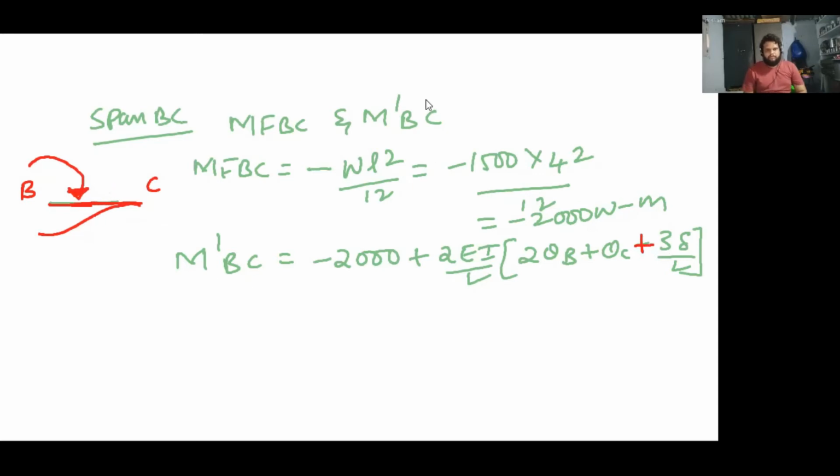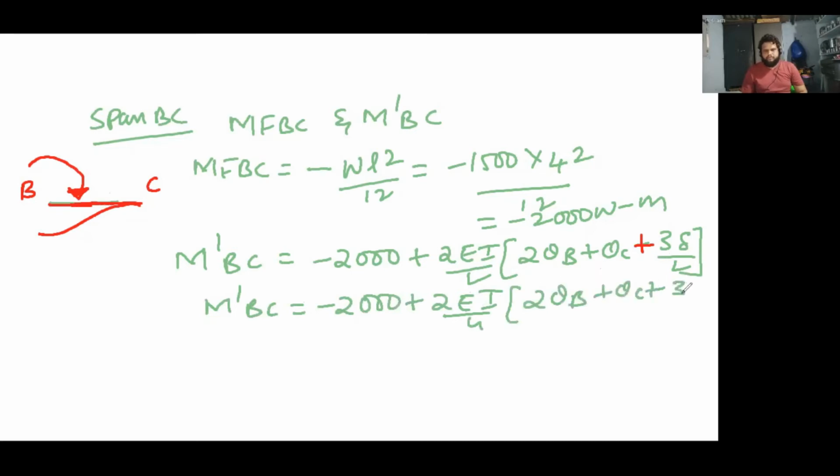Right? Now again, we'll go back. M dash BC equal to minus 2000 plus 2 EI by 4 into 2 theta B plus theta C plus 3 by 400. Here I is I only. Okay, 1 by 100, length is 4. This will become 3 by 400. For consistency I will be writing the same values.